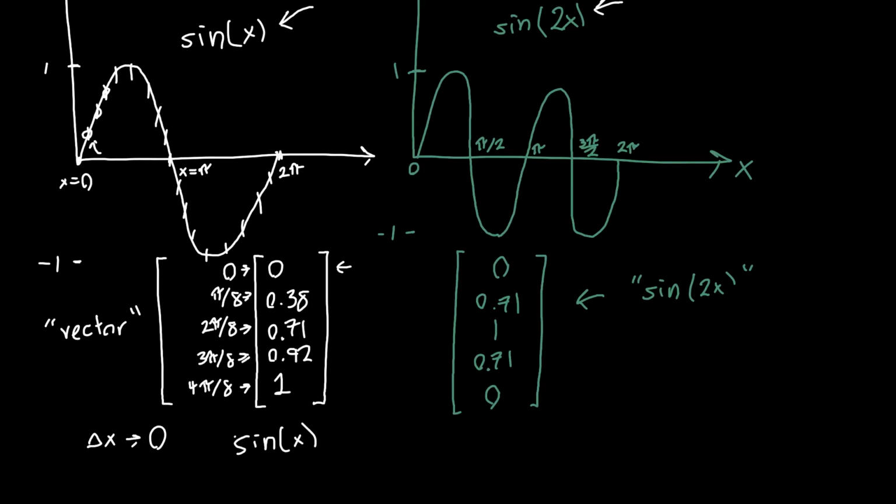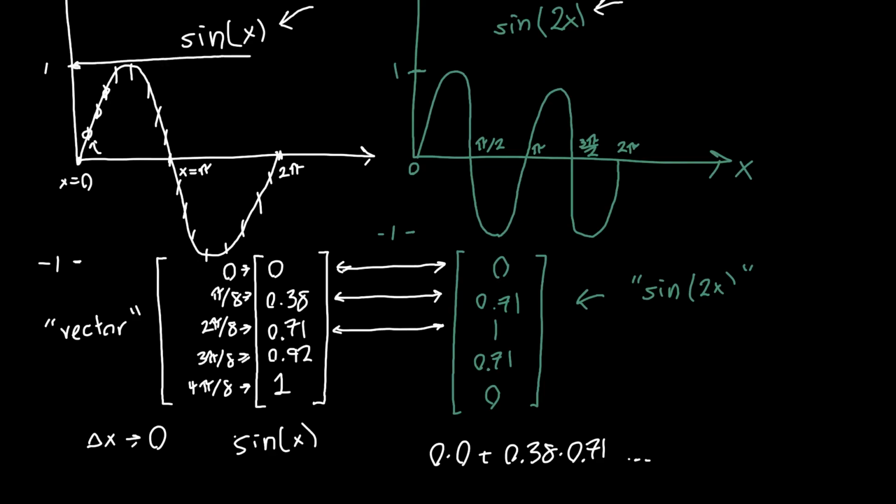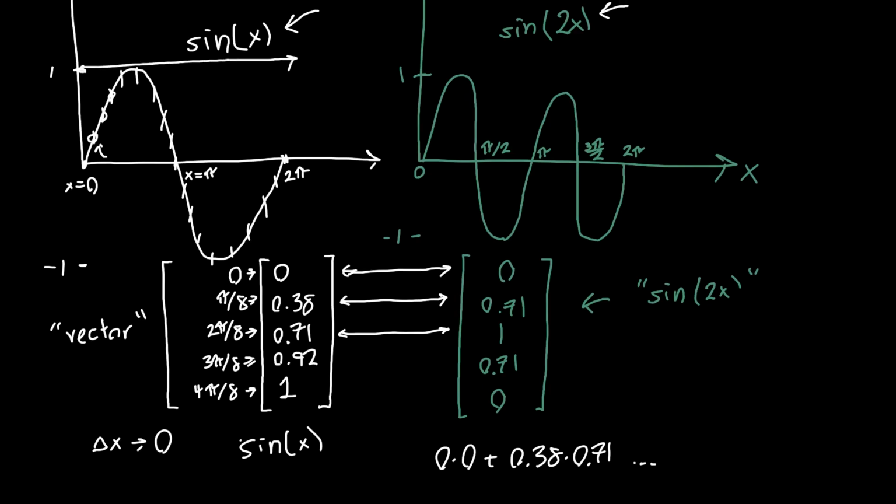And so you might imagine we could just take the dot product of these two vectors. So we just do pointwise multiplication of all the values, and then we add them up. So 0 times 0 plus 0.38 times 0.71, and so on. And if you do this for a full period of sine of x, or sine of 2x for that matter, you'll get that this sum is actually equal to 0.